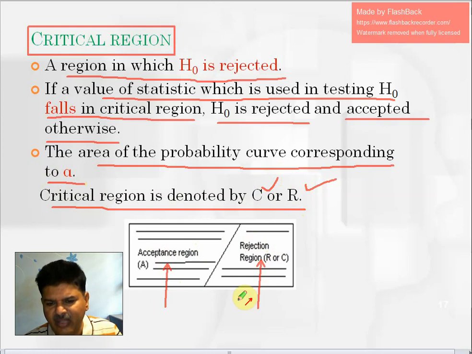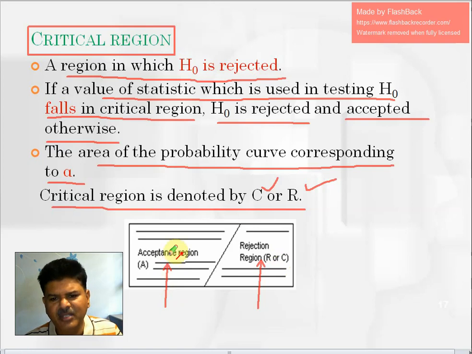If any value of z falls in this region, we have to reject the null hypothesis. And if the value of the test statistic falls in this region, we have to accept the null hypothesis.